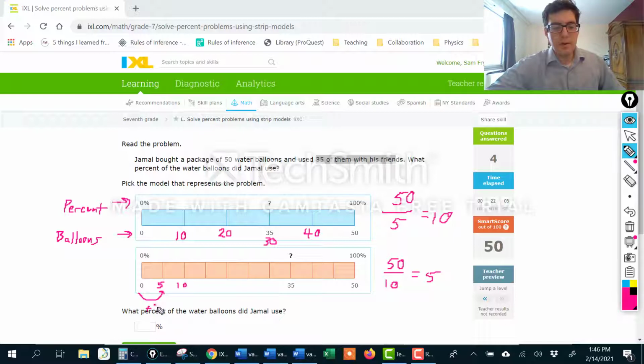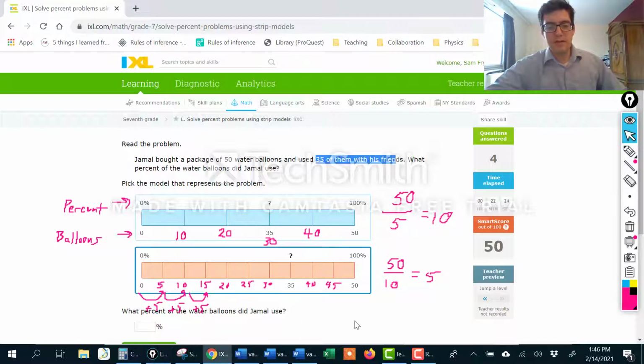We keep going up by 5: 5, 10, 15, 20, 25, 30. It looks like 35 is in exactly the right place here. 40, 45, 50. Okay, so this model is definitely correct.